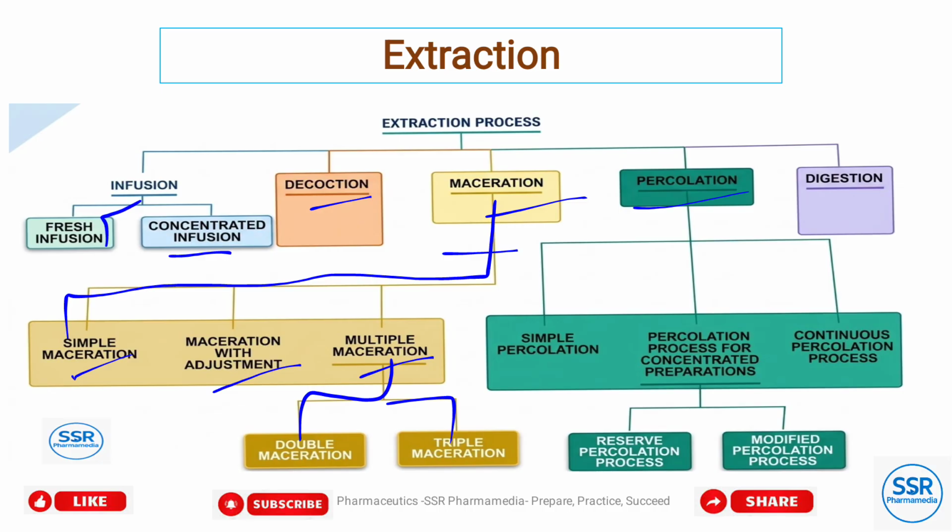Likewise, percolations have three types: simple percolation, concentrated percolation, and continuous percolation. Concentrated percolation again has two types: reserve percolation process and modified percolation process. The final type is digestion. So this is the flow chart of the methods of the extraction process.